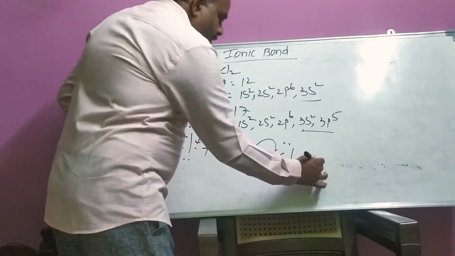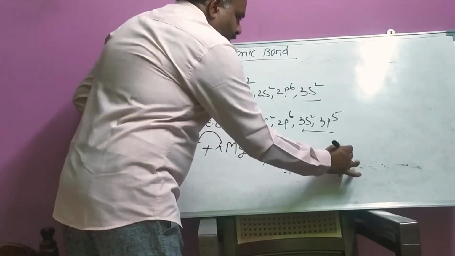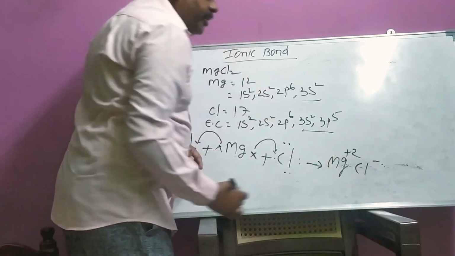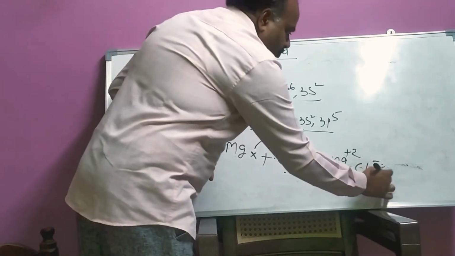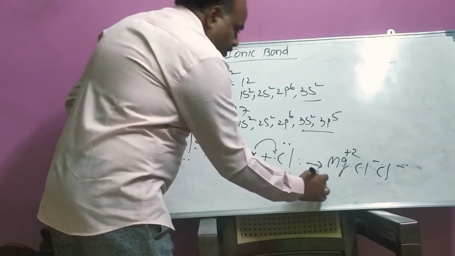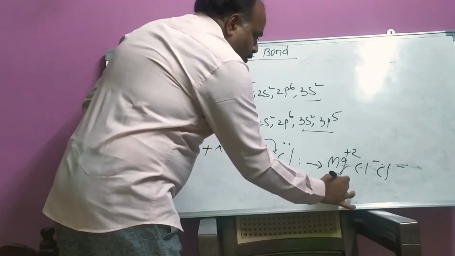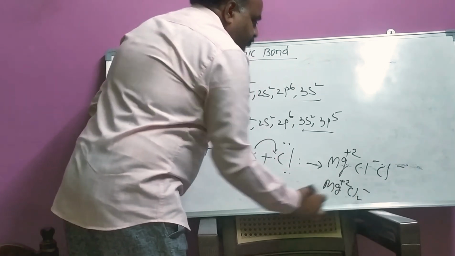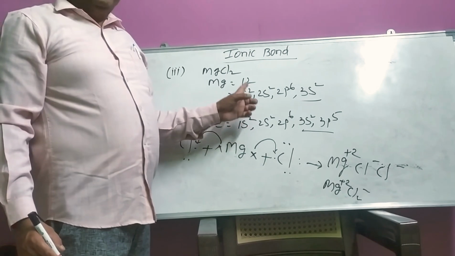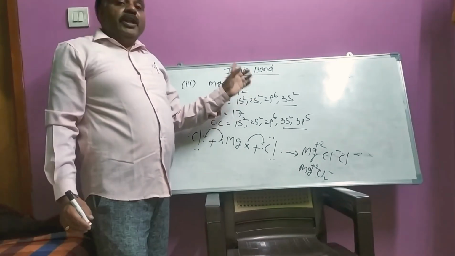In this way, magnesium gets plus 2 unit charge, this chlorine 1 unit of minus charge, 1 more chlorine 1 unit of minus charge, negative charge. We can write like this also. So, thus ionic bond is formed between magnesium and 2 chlorine atoms.